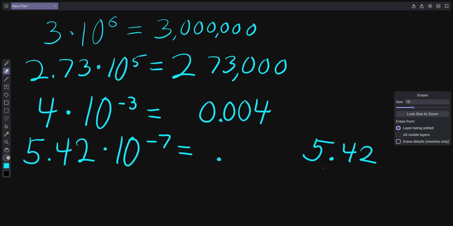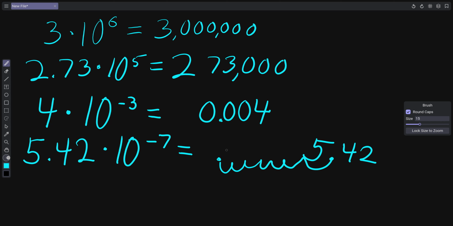Then we'll erase this and the decimal points we had there. Actually, wait, I don't want to do that just yet, because I want to fill in zeros for each of the hops that don't have a digit in them.